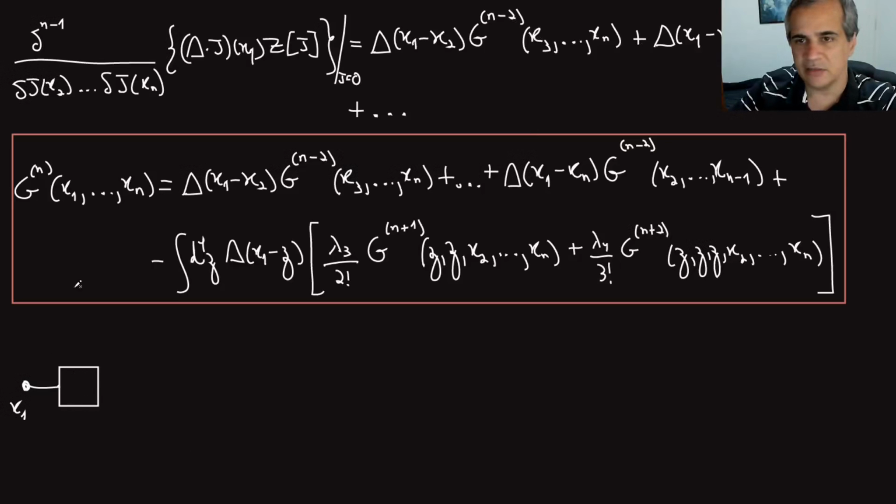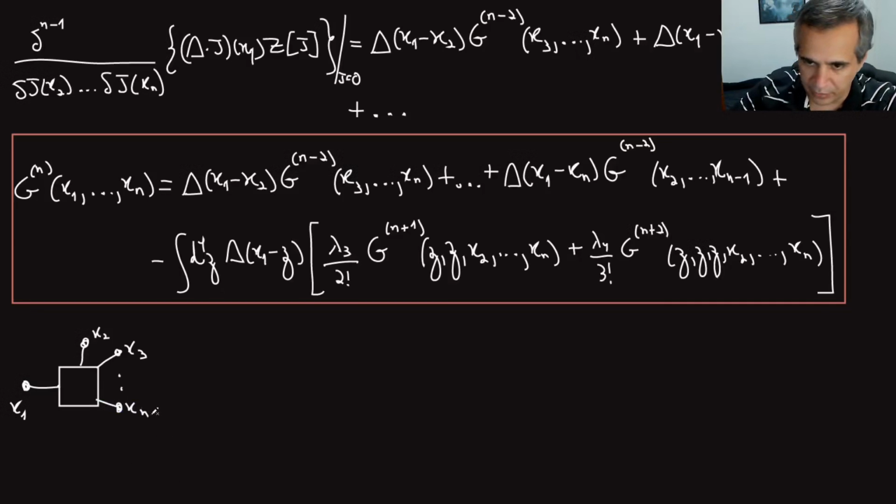And this is connected to xn points, so x2, x3, etc., all the way to xn. Let me put it like that, just so I can do my little diagrammatic thing. Now, this is equal. Now let's try to write the right-hand side.